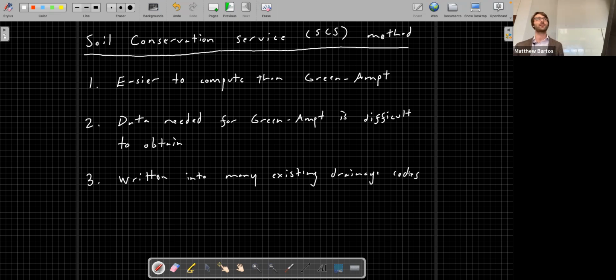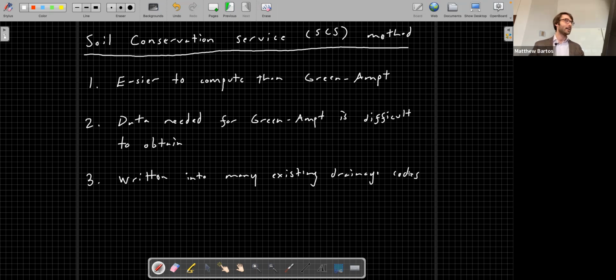As you'll see later on in class, the Austin Drainage Criteria Manual specifies different infiltration types to use for the city of Austin. It specifies different SCS parameters that you're expected to build your drainage infrastructure to meet. So it's something that's often explicitly written into stormwater regulations.